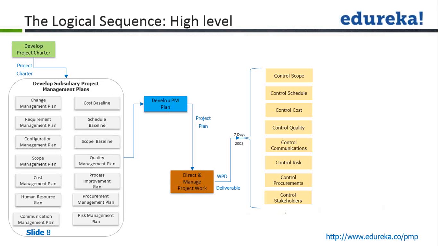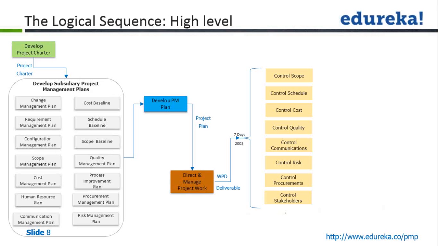We will take this work performance data to control cost, where we will do earned value management, earned value analysis, and compare whether we are spending right or not. Suppose the plan for that deliverable was to spend $175, and we have ended up spending $200. So there is a deviation again.